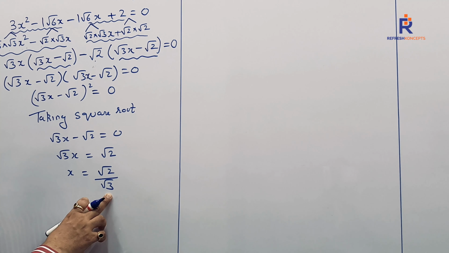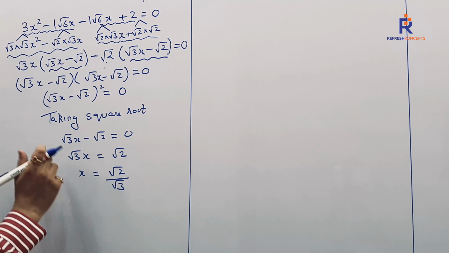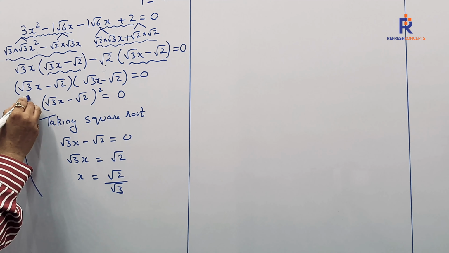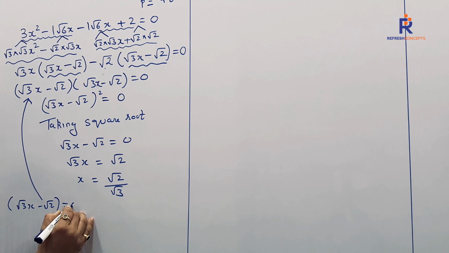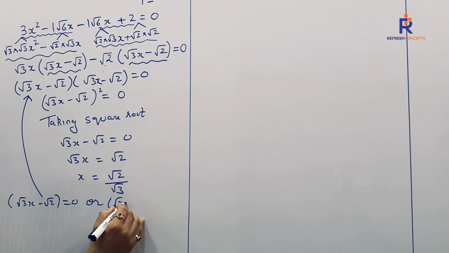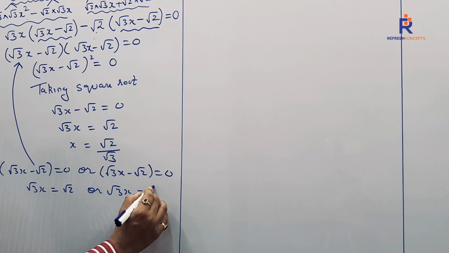So those who want to understand that, I'll take it once again at this particular step. My sum is done, only to make you all aware that I shall take it once again. Root 3x minus root 2 is 0, or once again root 3x minus root 2 is 0. Can I say root 3x is root 2, or root 3x is root 2?